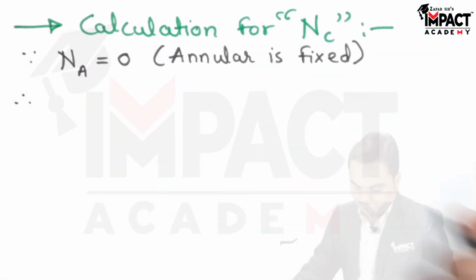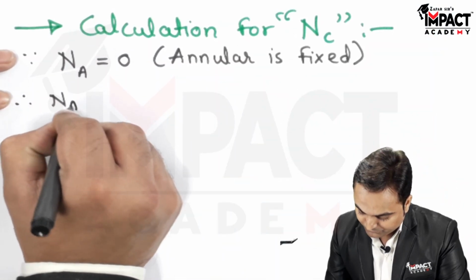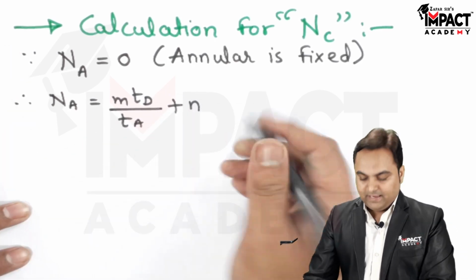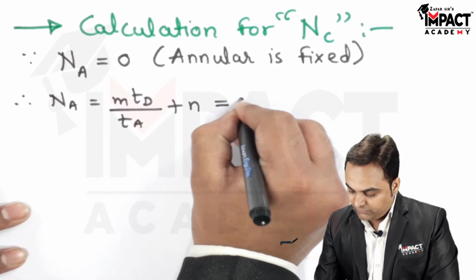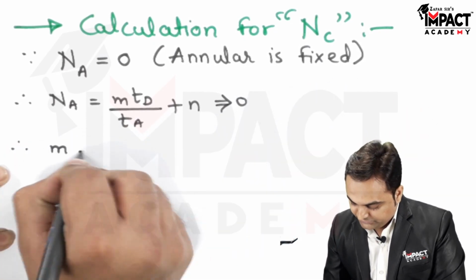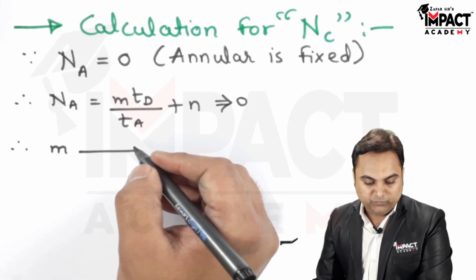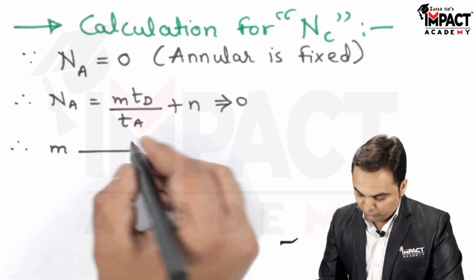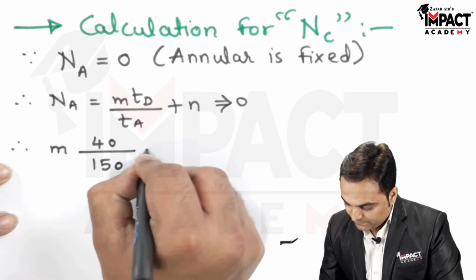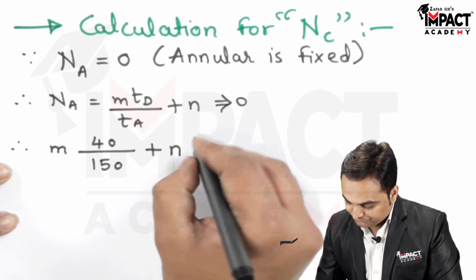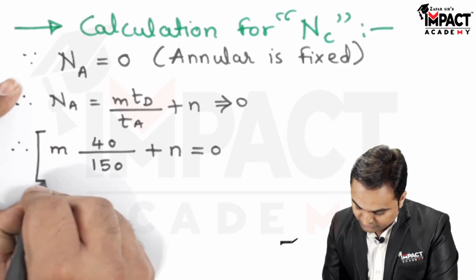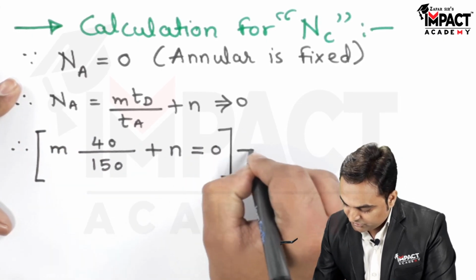So I'll write it that therefore, this term is equal to 0 because that is the annular which is fixed. TD, number of teeth on wheel D, is 40. Number of teeth on A is 150, plus n is equal to 0. So this I would be keeping as the first equation.